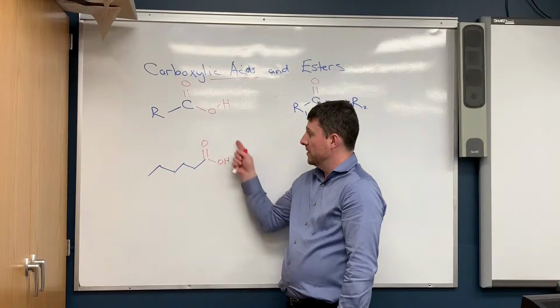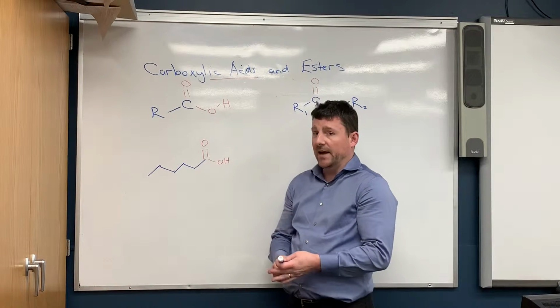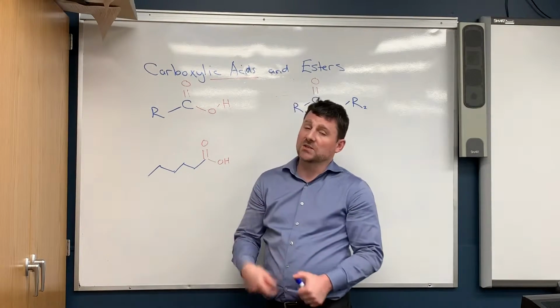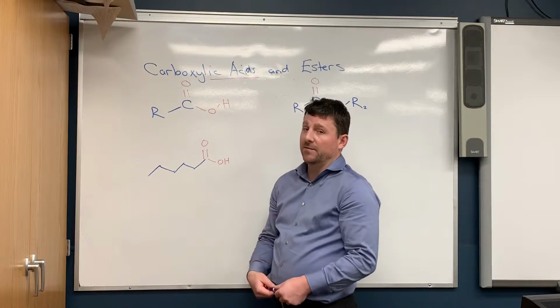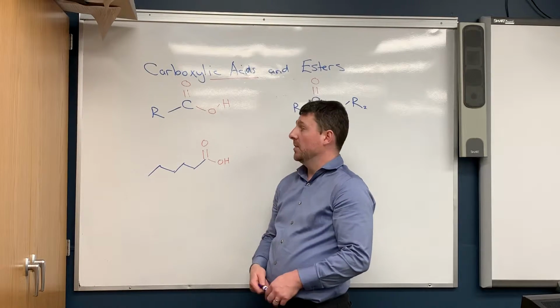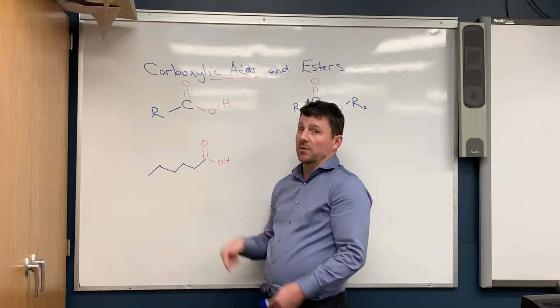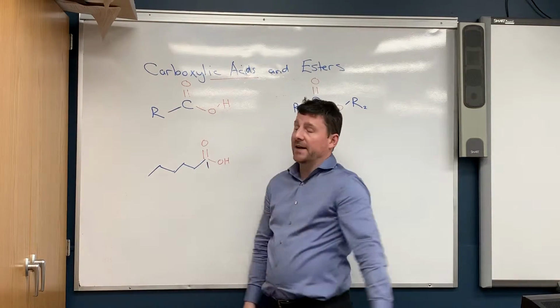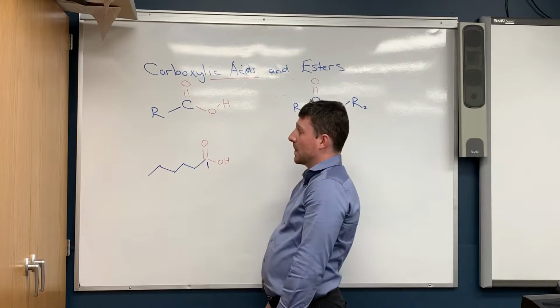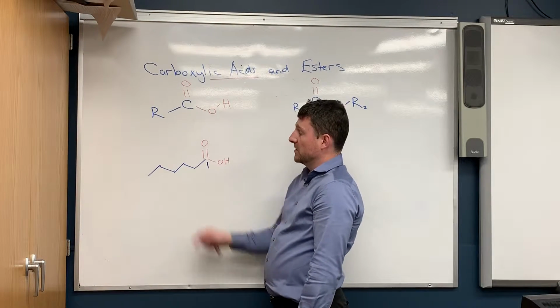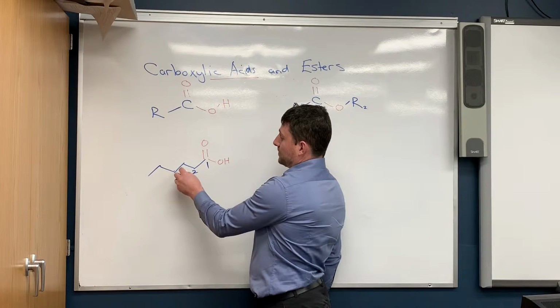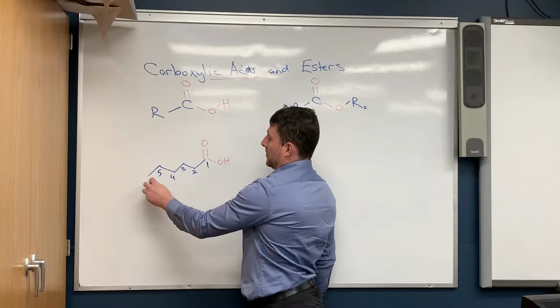So there's my functional group for my carboxylic acid. Same rules as before: the main chain has to include the functional group, and the functional group has to get the lowest number. A carboxylic acid will always occur at the first carbon of the chain. So, unlike aldehydes, we won't have to number the functional group. It'll always be number 1. And then we can number the rest.